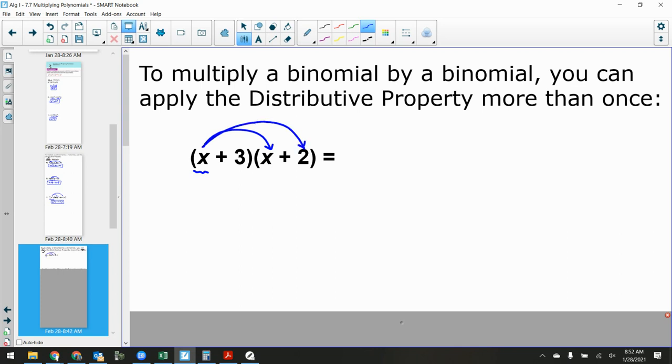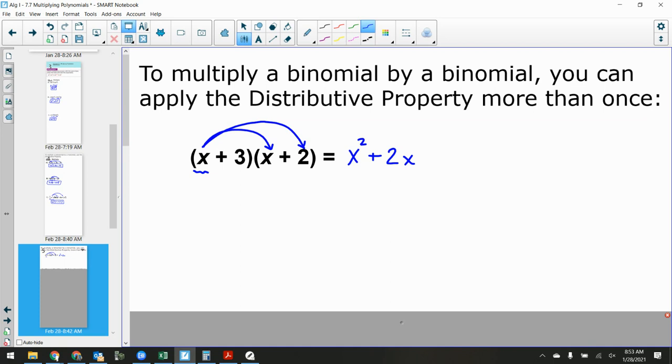Let's distribute the x into both pieces of my second binomial. What is x times x? X squared. What is x times 2? 2x. Plus 2x. These were positive numbers, so it's just a plus for each new term.